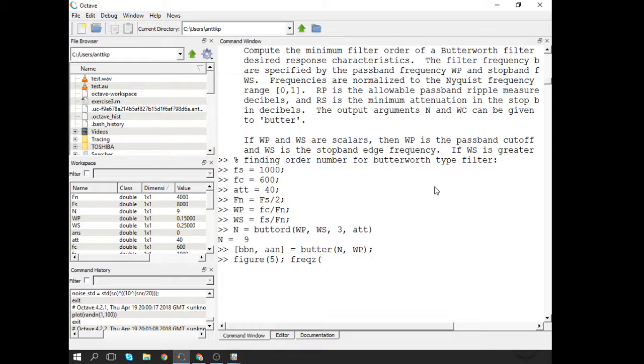Normal 0 to 1. It shouldn't make any difference there. Yeah, it's the same. So let's see. WN. Wait a minute. It's a little bit different. I don't know. Yeah, it will be actually shifting the cutoff frequency a little bit.